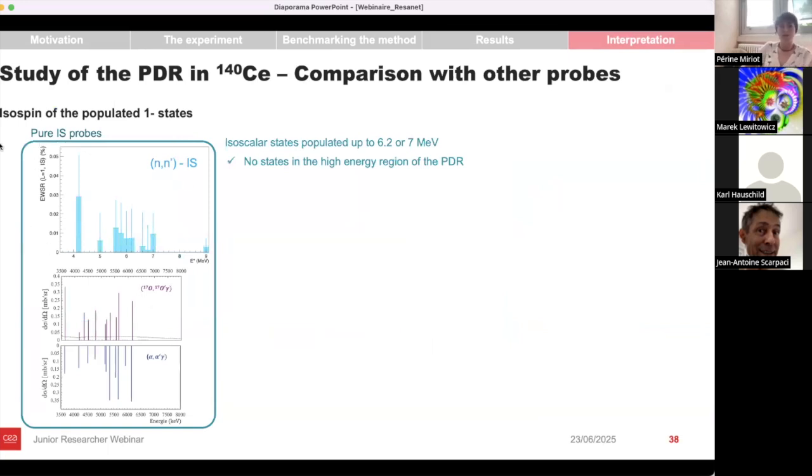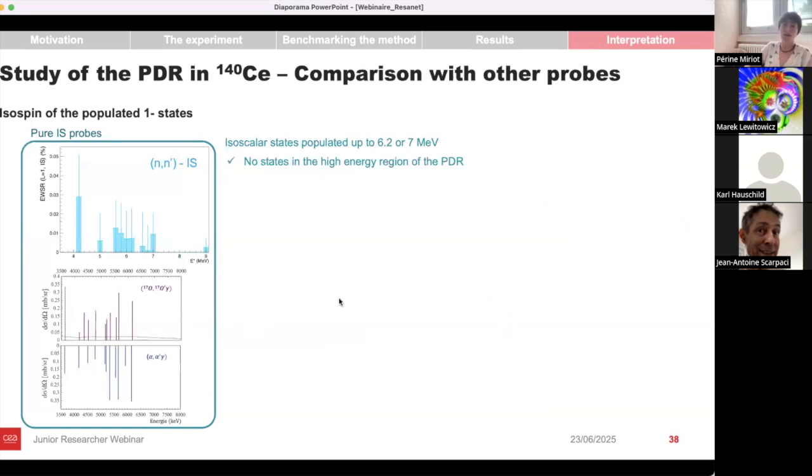Those results with the neutron probe are in agreement with the previous results with other isoscalar probes, because you see that we again see a kind of energy threshold above which we do not populate states up to the neutron separation energy threshold. This threshold with the neutron probe is at around 7 MeV, a bit higher than the one with the other isoscalar probes, which was at around 6.2 MeV.